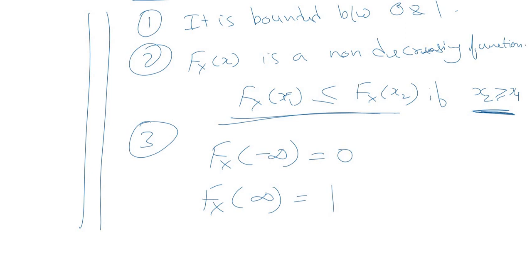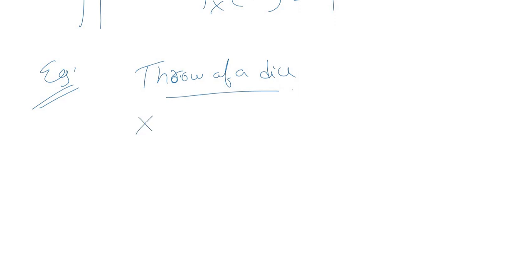Now let us take up an example to understand the CDF. We take the simple example of the throw of a dice. We already know there are 6 possible events. The random variable X represents the throw of a dice, so X can have values 1, 2, 3, 4, 5 and 6.